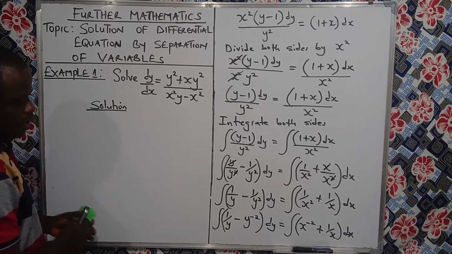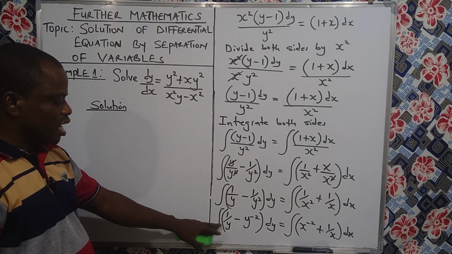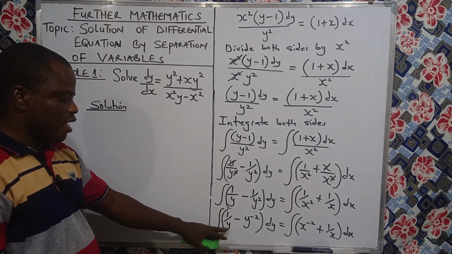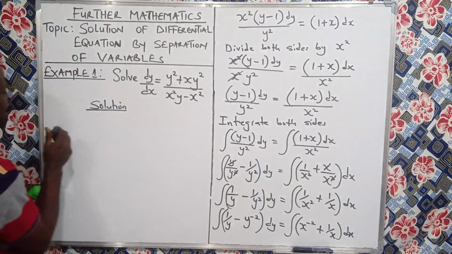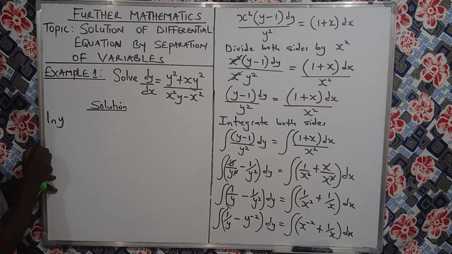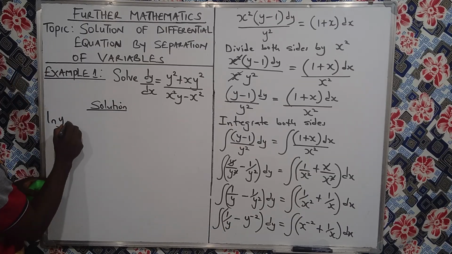Now at this point, as I said before, the integral of 1 over y is named ln y. Now write ln y, that takes care of the integral of 1 over y.